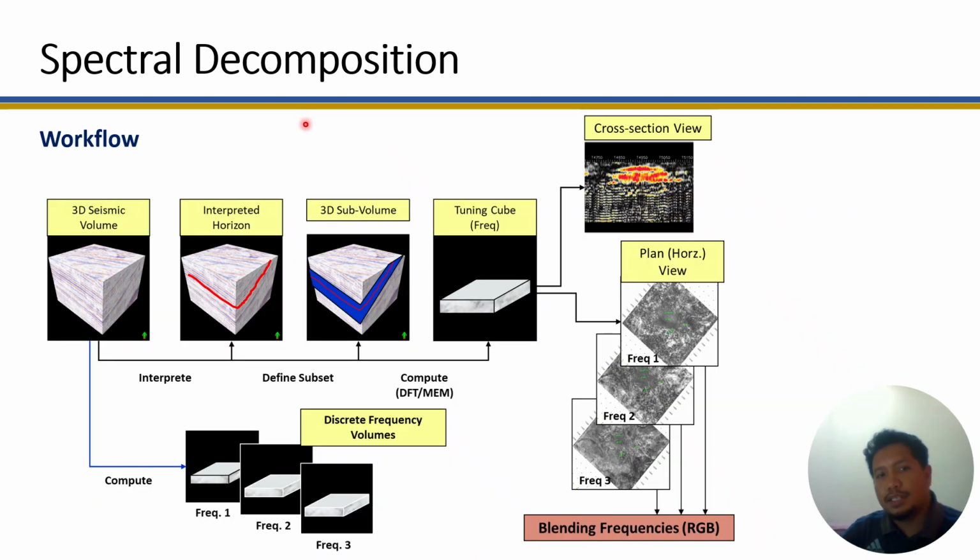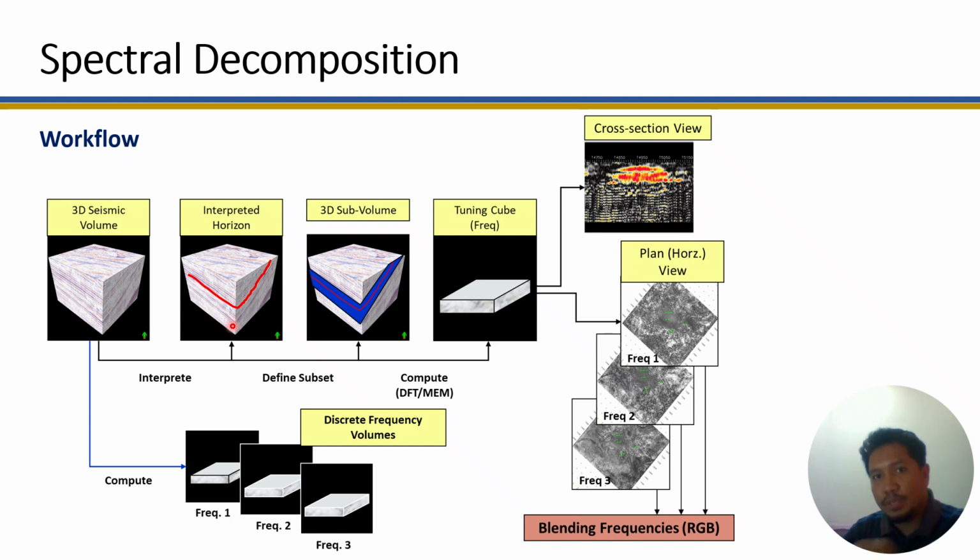So these are the workflows of doing spectral decompositions. We always start with a 3D seismic volume. The first step is to load the seismic volume into seismic interpretation software like Petrel, Paleoscan, and so on. Second, we interpret the horizons. The next step is to interpret the seismic volume to identify a horizon.